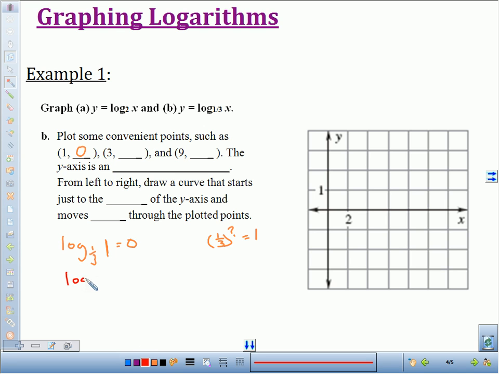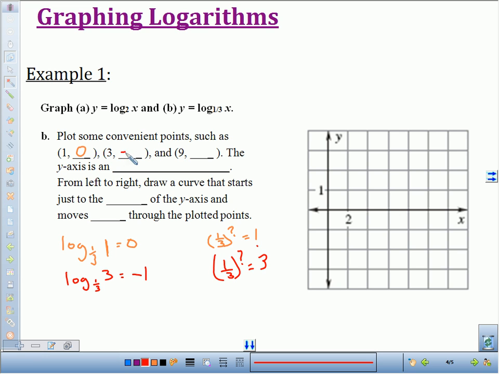What power do I raise 1/3 to get 3? And the answer to that is -1. Because in order to get 1/3 to become 3, we have to take the reciprocal, which means we raise it to the negative first power.